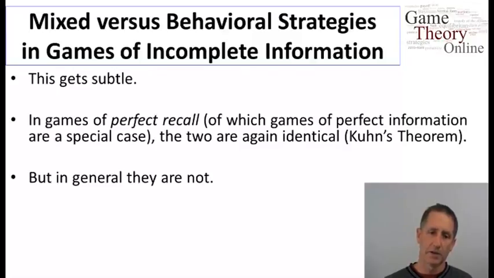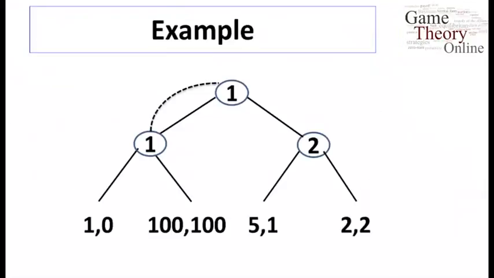And let me give a brief example of that. Here is a game, a two-player game, where player one moves first. And then, depending on what it did, if it went here, it gets to move again at the game's end. And if it goes here, player two gets to move again, and then the game ends.